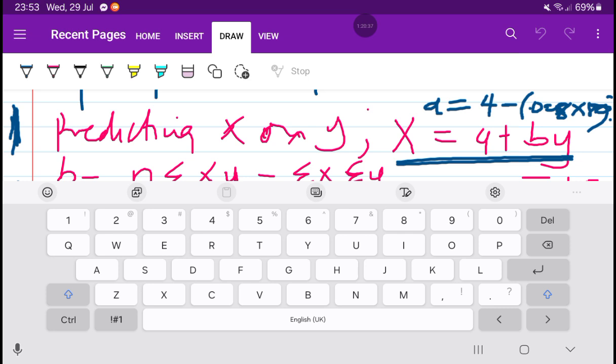In other words, it is the value of x when y equals 0. Or it will be a point where the regression line will cut the x-axis.